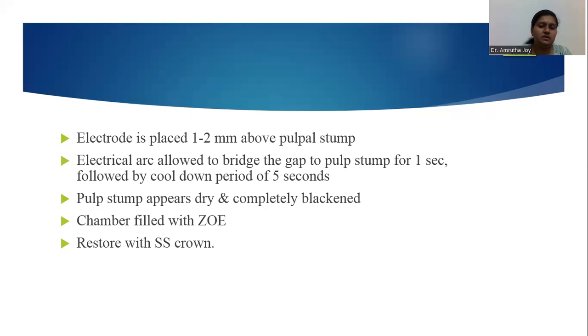That cool down period is 5 seconds. And repeat again: current is passing for 1 second and then the cool down period is 5 seconds. If properly done, the pulp stem appears dry and completely blackened. That means hemostasis is obtained, and then fill the chamber with zinc oxide eugenol and restore with a stainless steel crown.